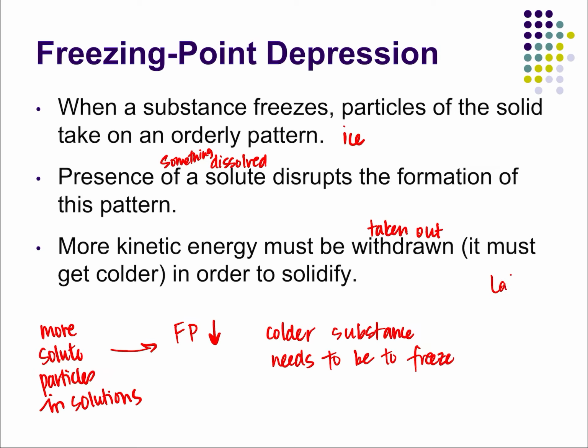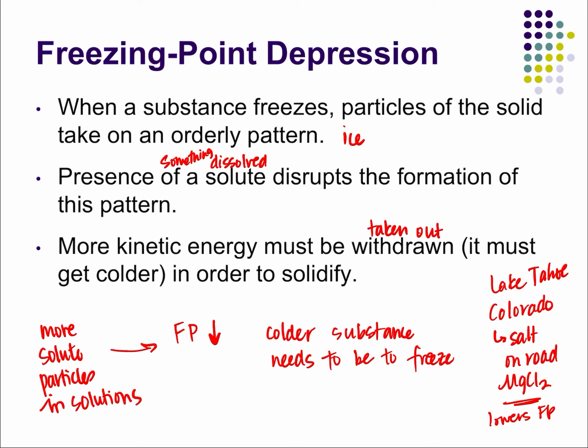So in areas where it snows, right? So Lake Tahoe, and I don't know what Lake Tahoe uses, but in Colorado, I do because I'm from there. They put salt on the road, and they put specifically magnesium chloride. So magnesium chloride lowers the freezing point, so the roads don't ice up.